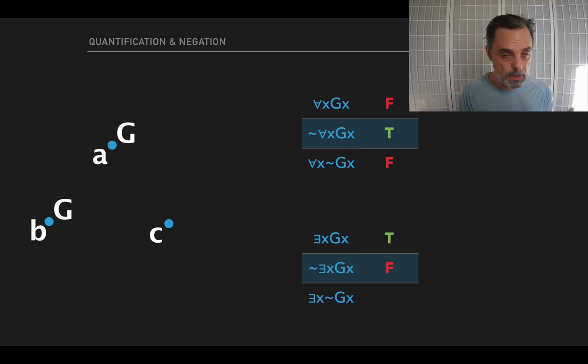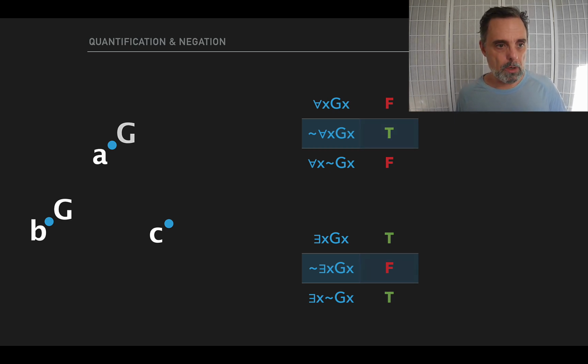C does not have the property g, it's not a giraffe, it's not green, whatever. So C makes gx false. So C makes not gx true. So is there at least one thing that makes not gx true? Yes, there is C. And so then we can also see that those two, the negation of the existential and the existential of the negation, do not say the same thing either.